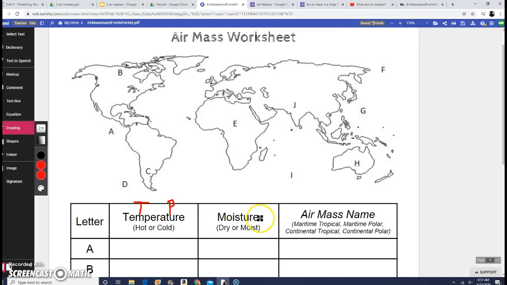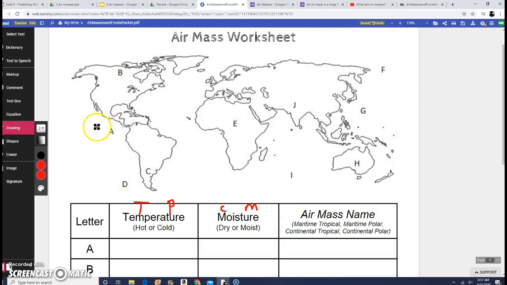If the moisture is dry or if the moisture is moist, meaning wet, well, if it's dry, it formed over land, so it will be the continental. If it formed over the ocean, it will be the maritime. And that will give you the actual air mass name.